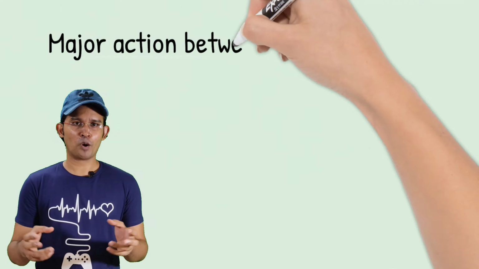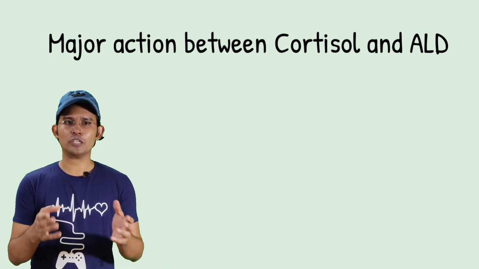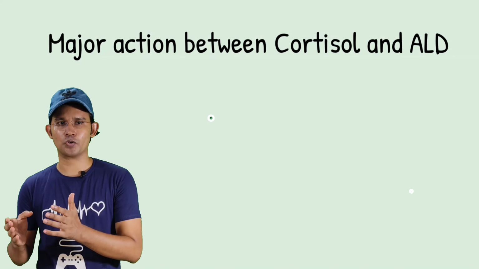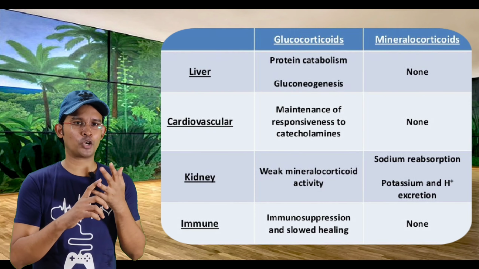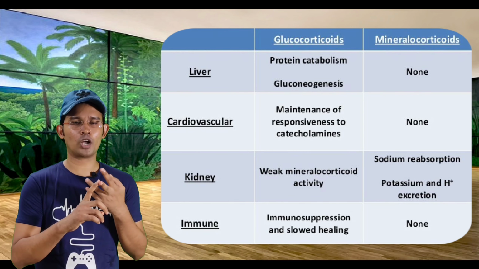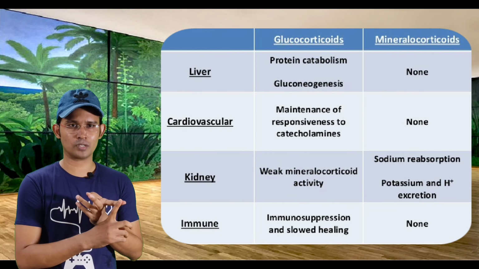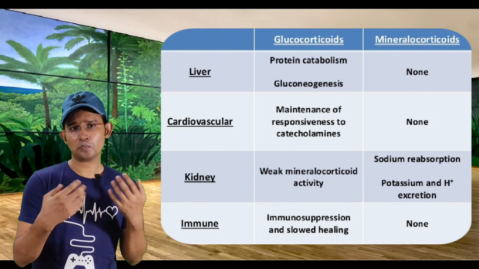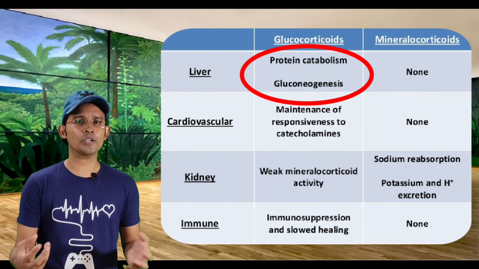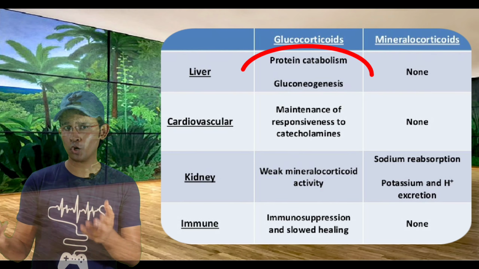Now I want to talk about the major actions of cortisol and aldosterone. We talk about the liver, the cardiovascular system, the kidneys and the immune system. Glucocorticoids lead to protein catabolism and gluconeogenesis, which leads to increased blood glucose.